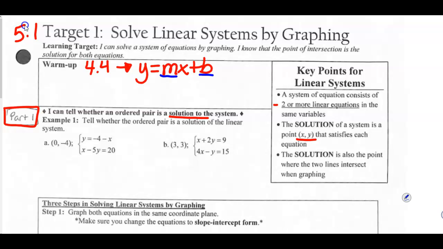Again, remember when we do our graphing, we put our first point on the b, and it's always (0, b). And then we use our slope, our m, and we rise over run. We count. So that's just going back to your 4.4 notes or any of the practice that you did, that's how we graph in slope-intercept form.